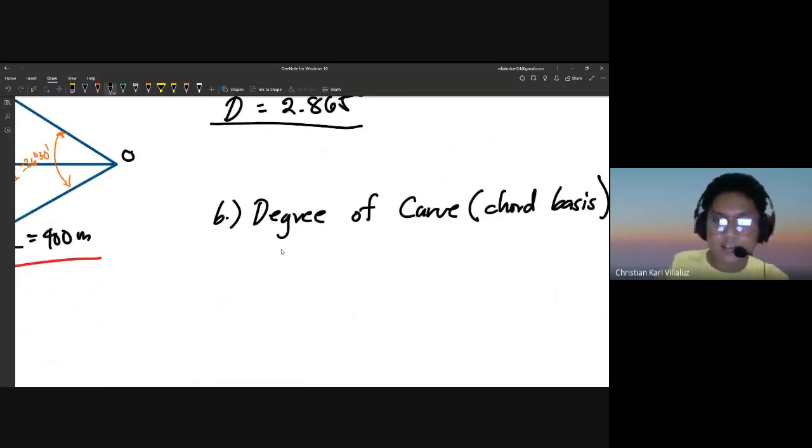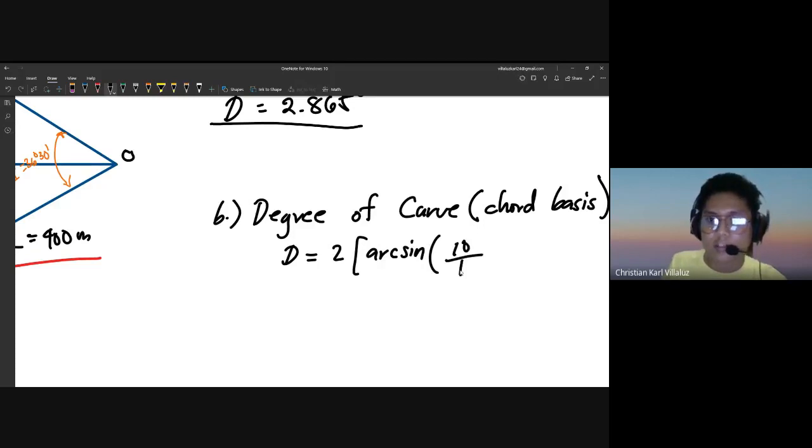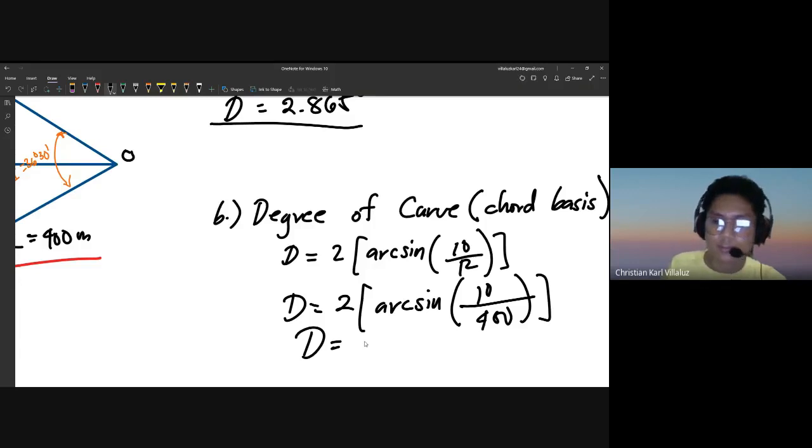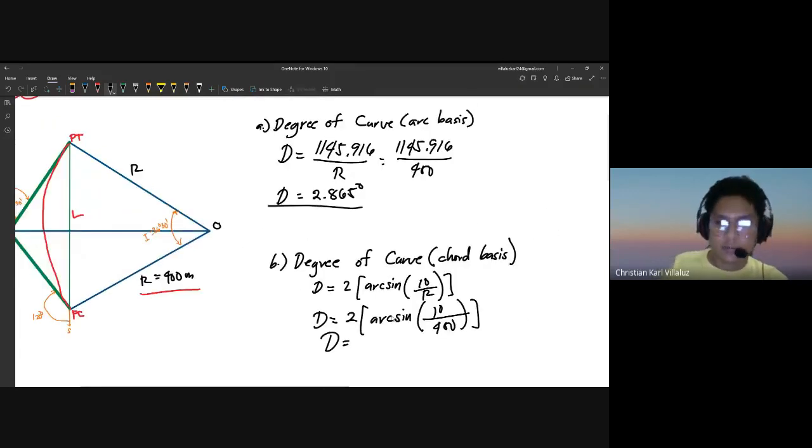So using chord basis, from the equation we derived earlier, we have 2 arc sine 10 over R. So D equals 2 arc sine of 10 over R, which is 400. So the degree of curve by chord basis, when you compute it, is also equivalent to 2.865 degrees.